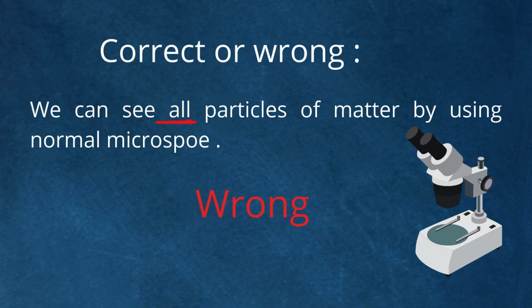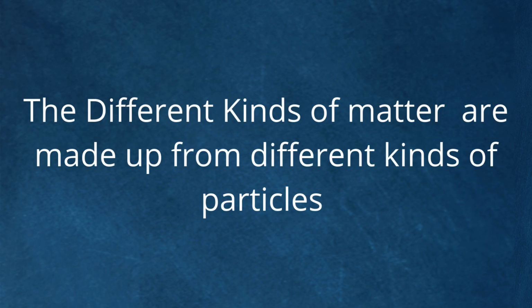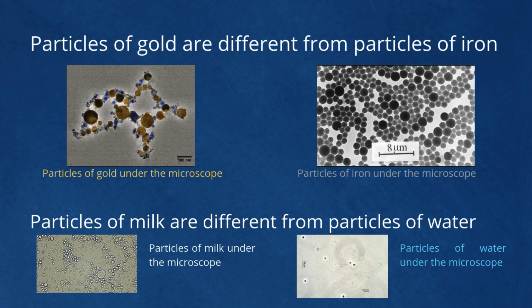And we have here a note that says that the different kinds of matter are made up of different kinds of particles. What is the meaning of this sentence? The particles of gold are different from the particles of iron, which are different from the particles of wood, okay?